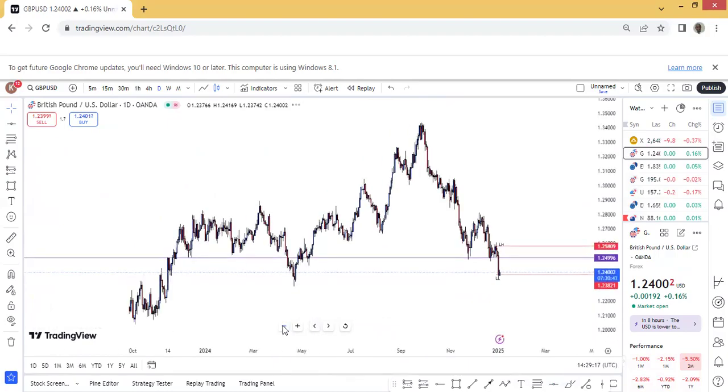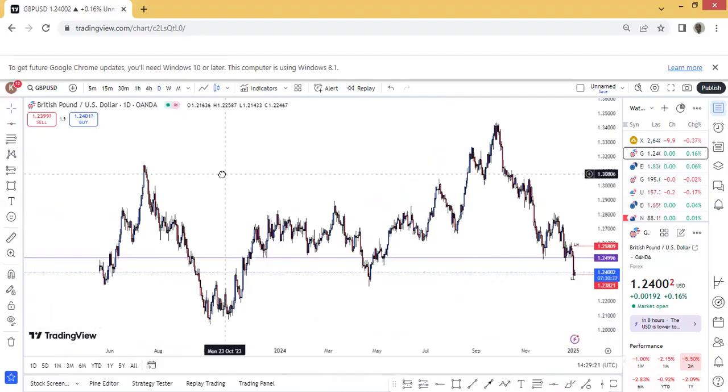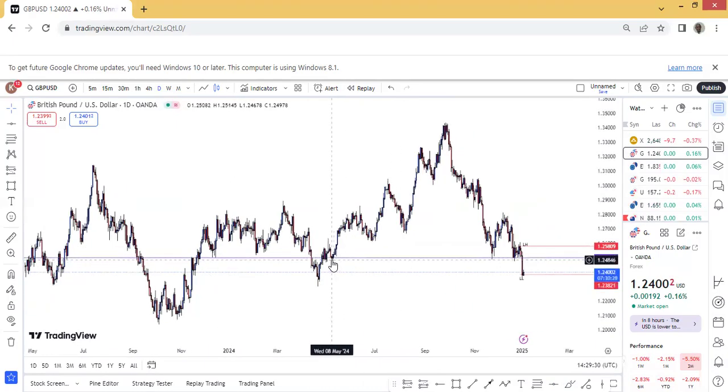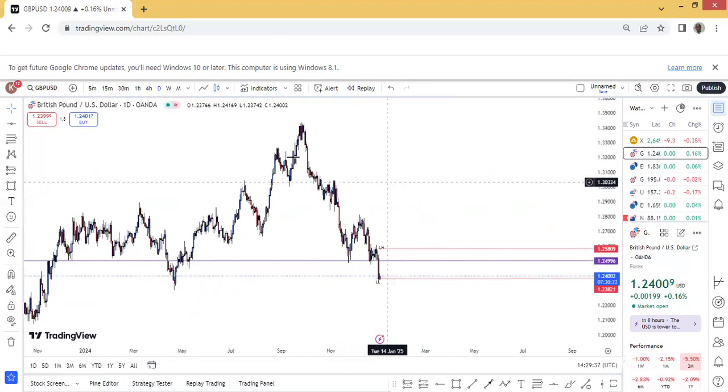You see how price has respected these key levels. Level 1, 2, 3, 4, 5, 6, 7, 8. So it tells you that is a strong level.